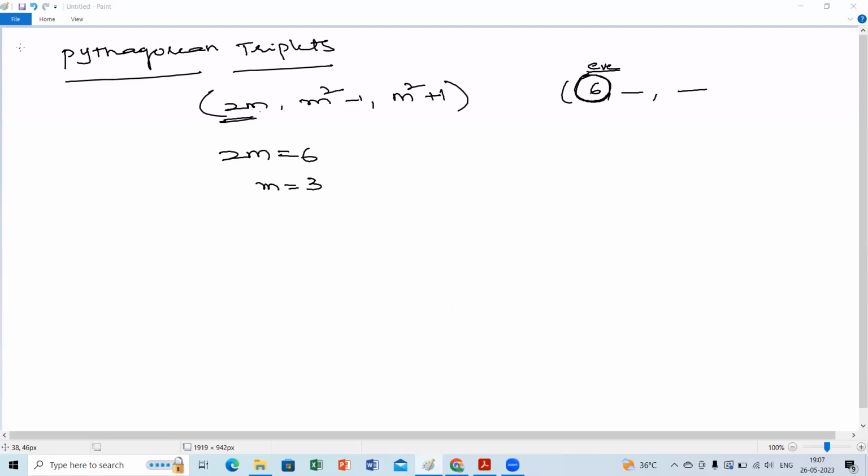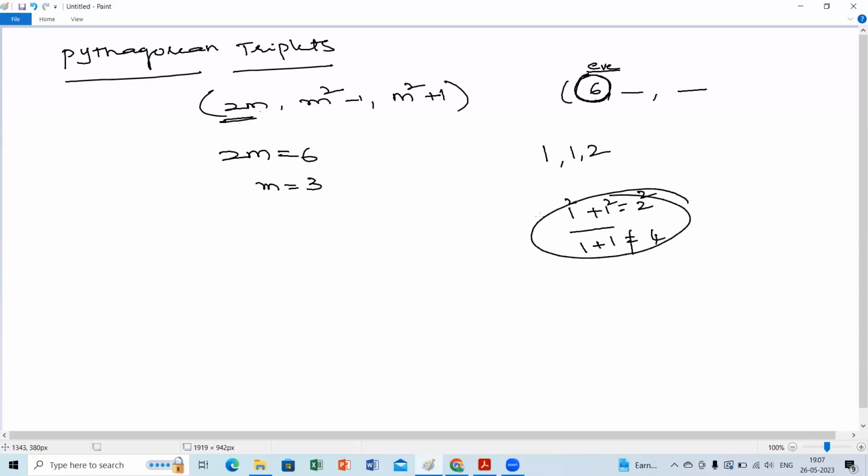Ma'am, is 1, 1, 2 a Pythagorean triplet? You need to check whether 1, 1, 2 is a Pythagorean triplet or not. 1 square plus 1 square is 1 plus 1, which is 2, but 2 square is 4. Is it the same? No. So this is not a Pythagorean triplet, beta.